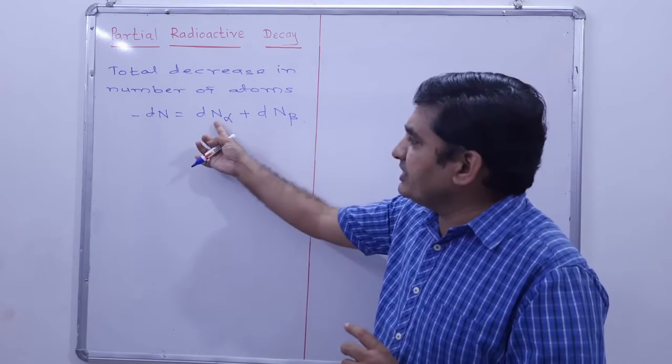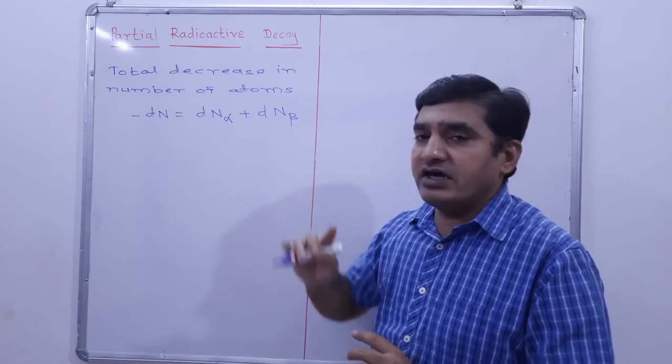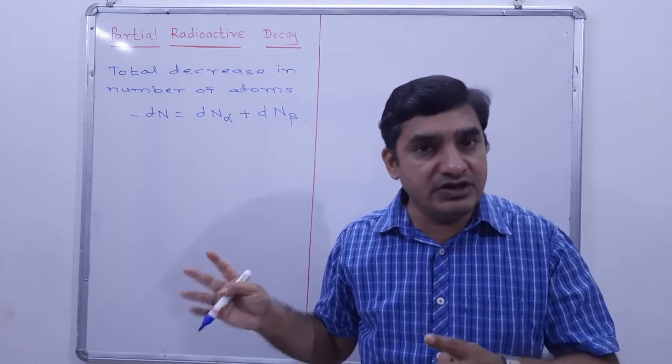Here we can represent N alpha, the number of atoms at a time t.